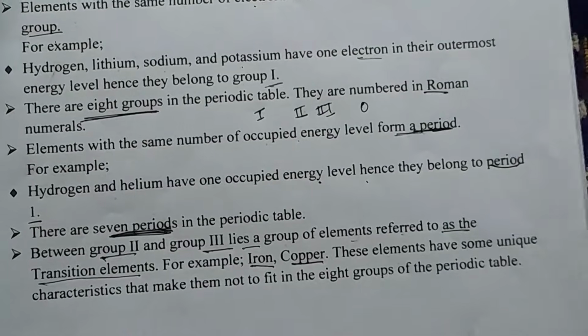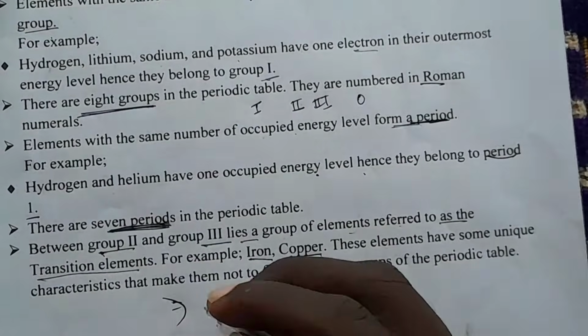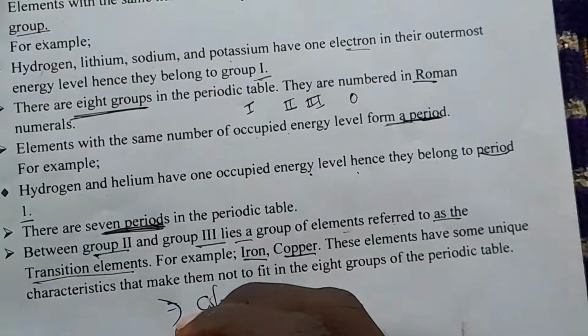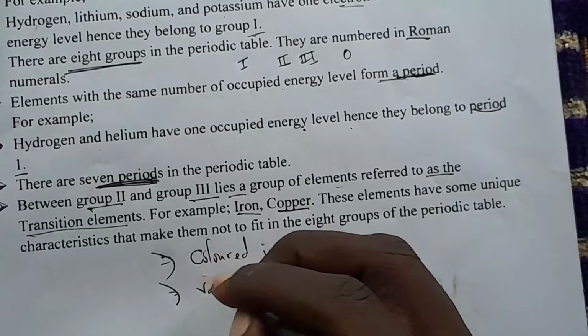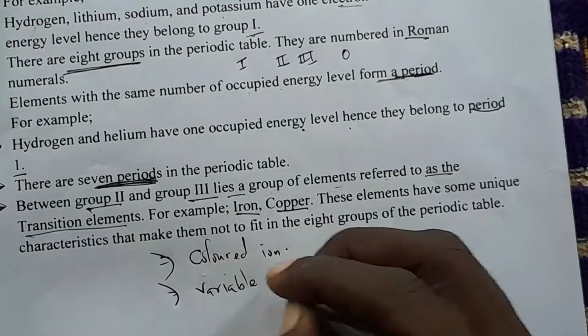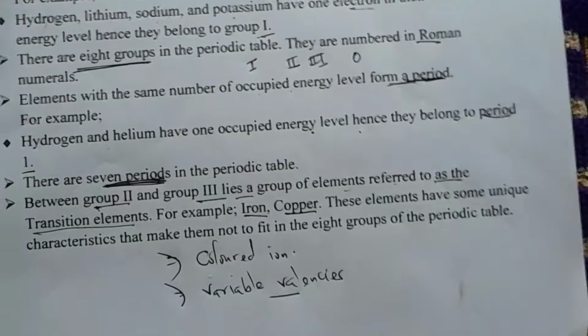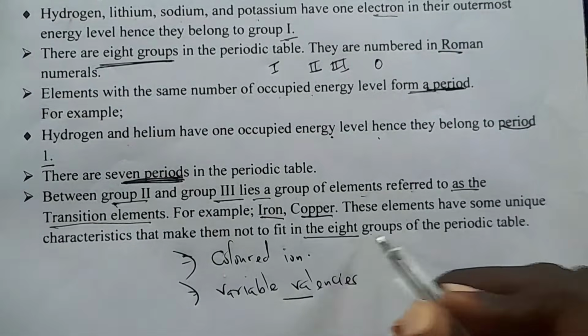Some of these characteristics were, these transition metals were having colored ions. The next one, these transition metals were having variable valences. So these are the 2 unique characteristics that make them not fit in the first 8 groups of the periodic table.